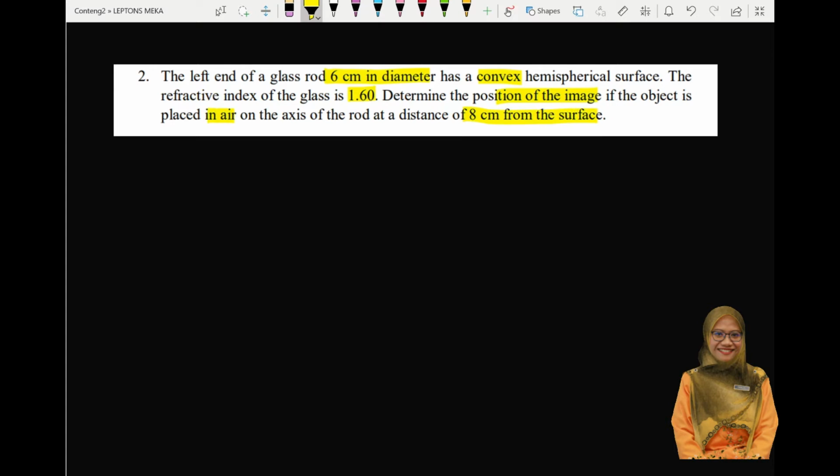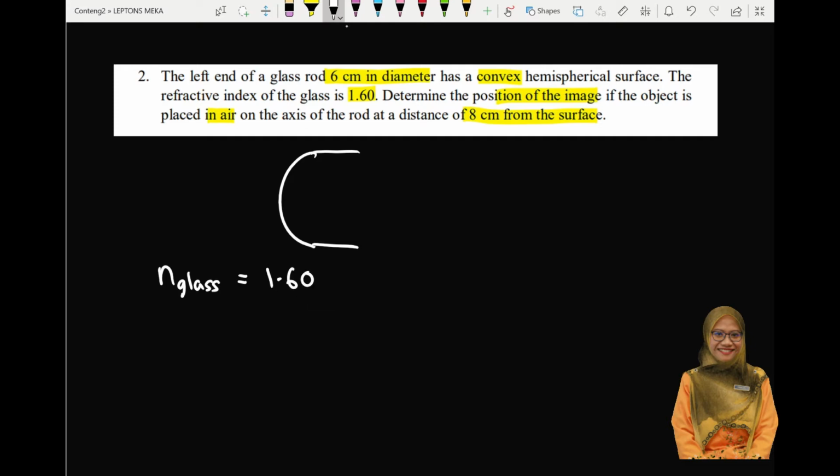It's better for us to sketch a simple diagram because you have a convex surface. So this is the convex surface like this, and you have the radius for that surface. Let's list out the information given. You have n for the glass 1.60.